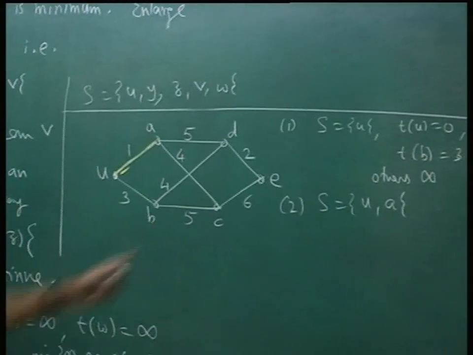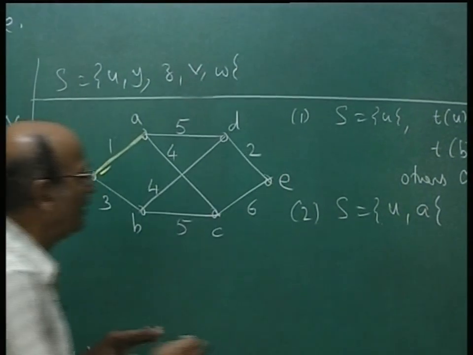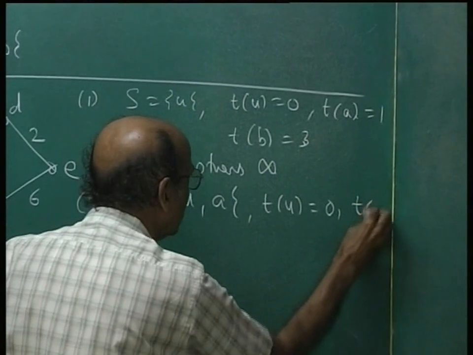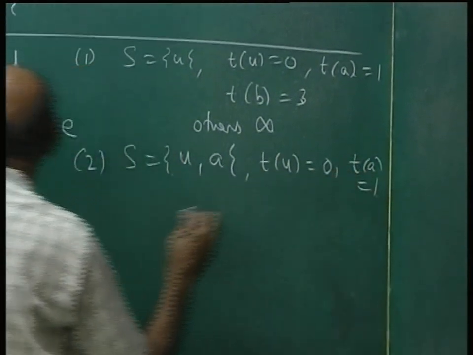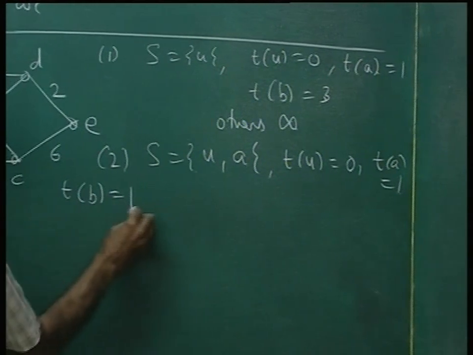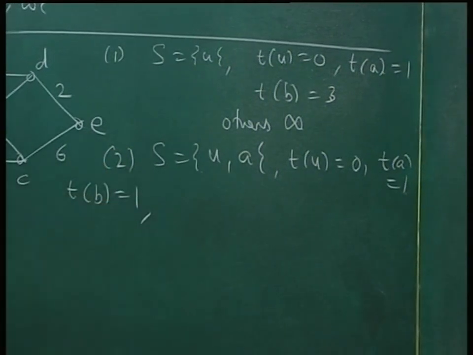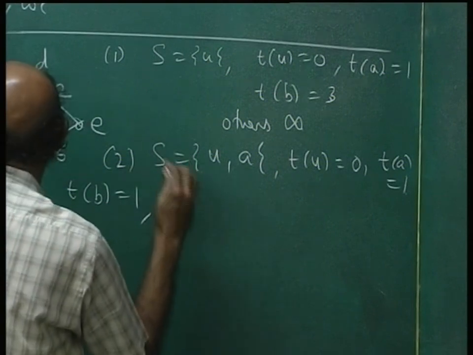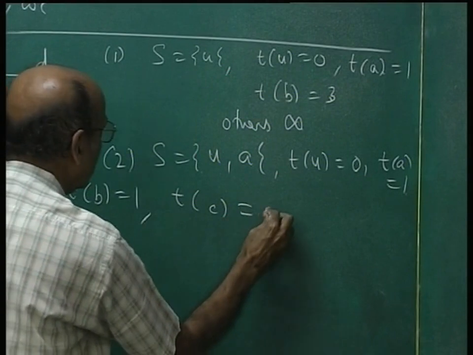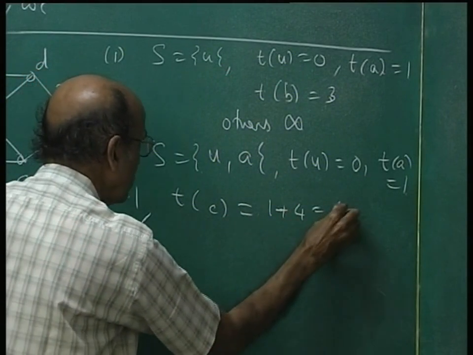Step 2. A is the newly added vertex, therefore T of B will continue to be 3 because there is no edge from A to B. The edges from A are to C and D. Therefore, T of C will be 1 plus 4 equal to 5.